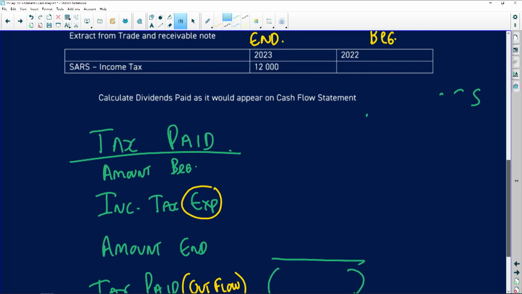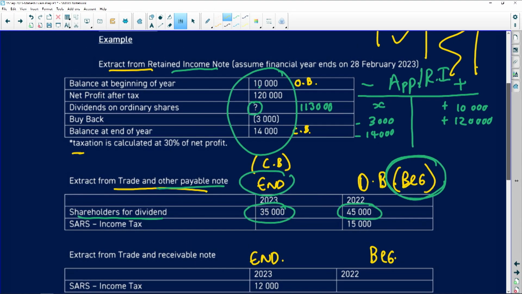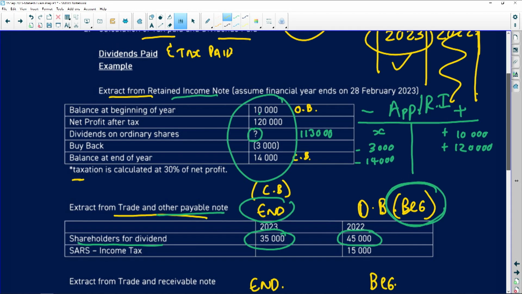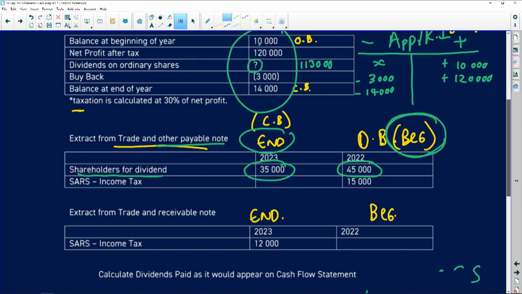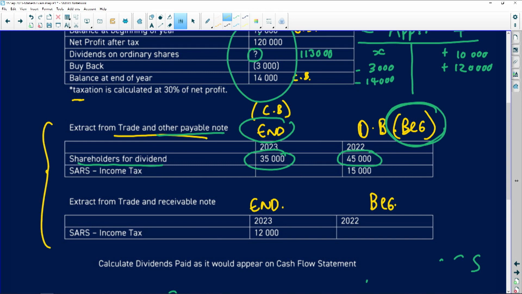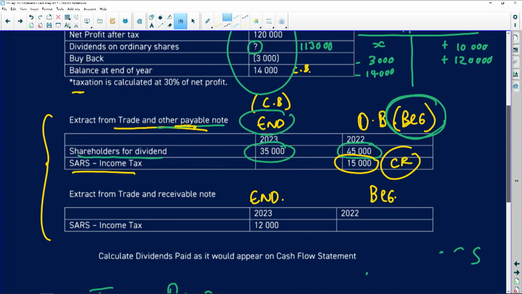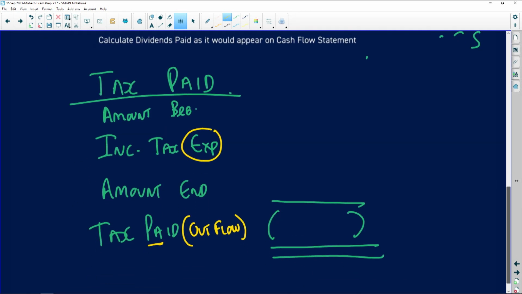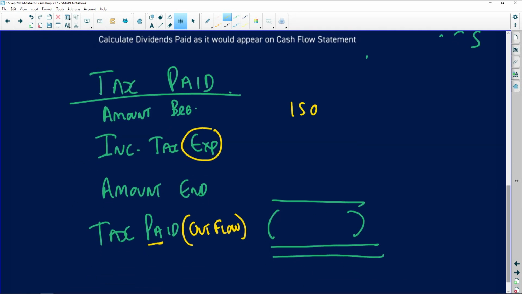Okay, right, so your tax paid amount at the beginning of the year. So let's again go to our balance sheet notes, not income statement. So beginning of the year, SARS income tax, amount owing 15,000. So remember, trade and other payables, credit balance, what you owe to SARS. So at the beginning of the year, I'm owing SARS an amount of 15,000, right?